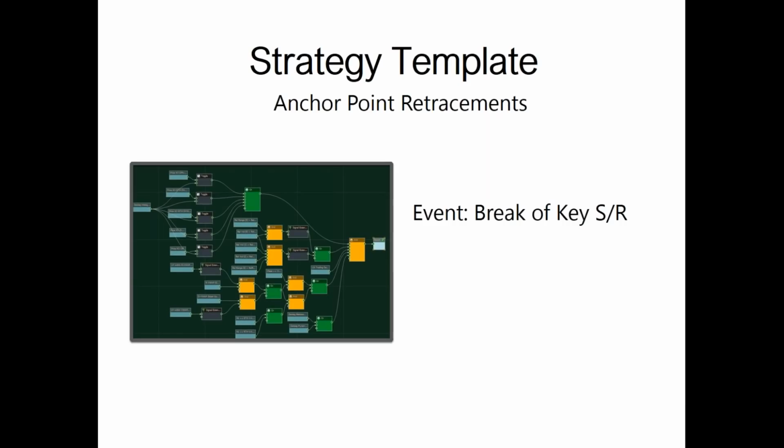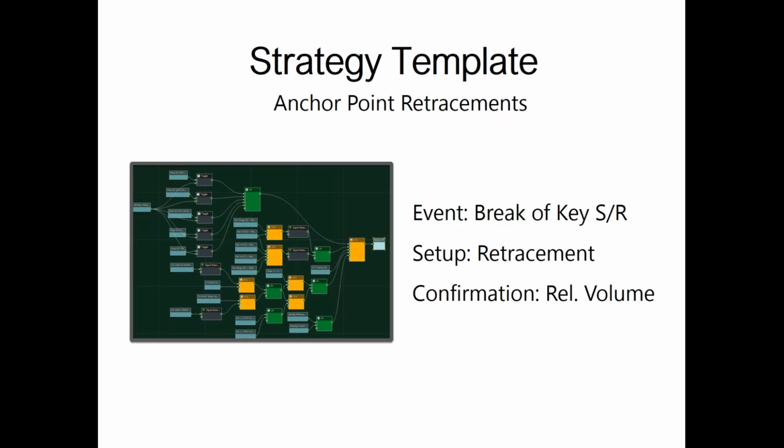So all the conditions that we've talked about so far are shown here as solvers, function, and logic nodes. As I said, we're looking for a break above or below key support resistance, and then a retracement back into the previous support resistance level, and then a confirmation from that move by relative volume and relative ranges.